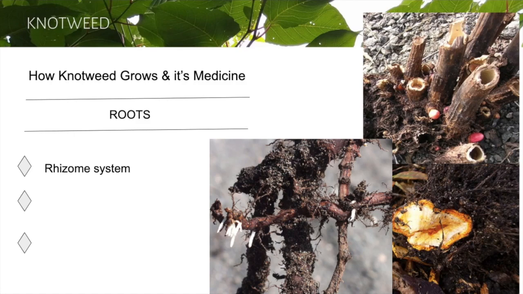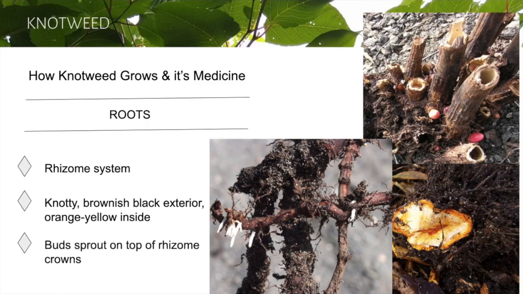So you can kind of see the rhizome system in the top picture and in the bottom right picture a little bit. The outside of the root is a knotty brownish black color, and like I mentioned, the inside is the orange yellowy color.